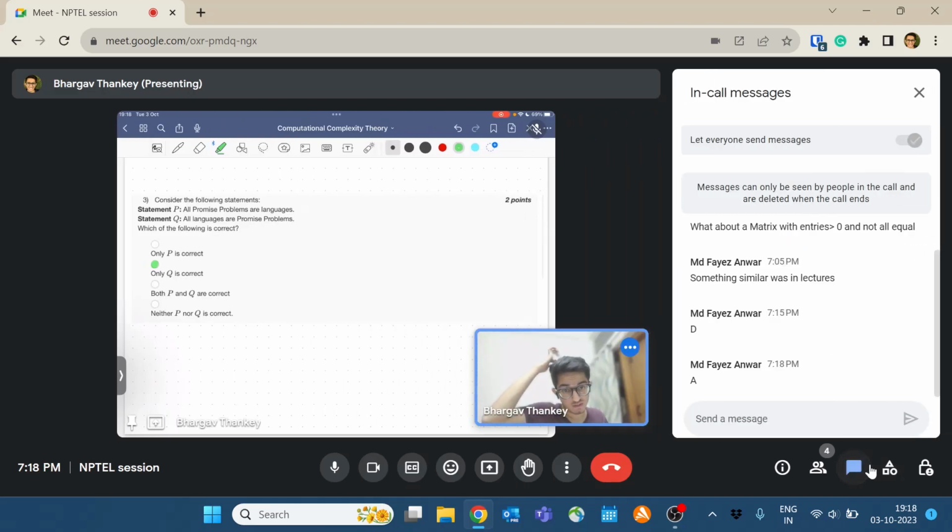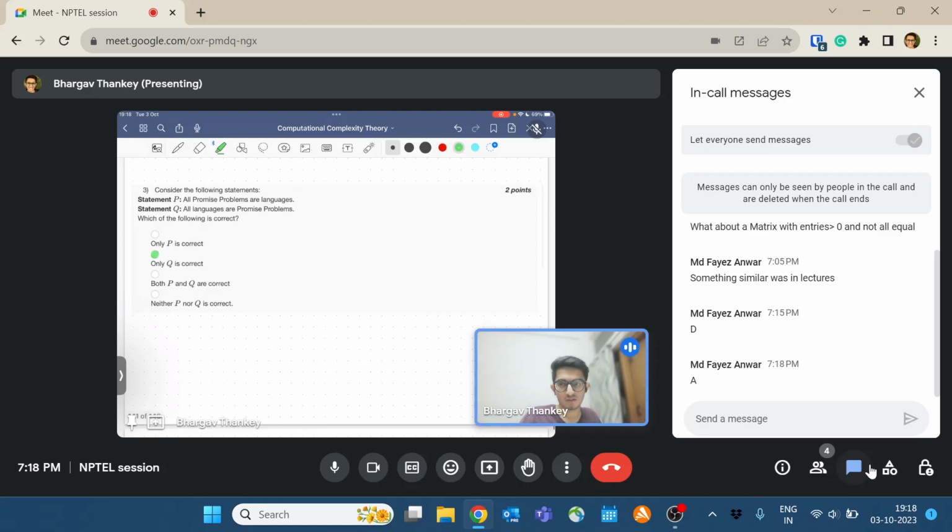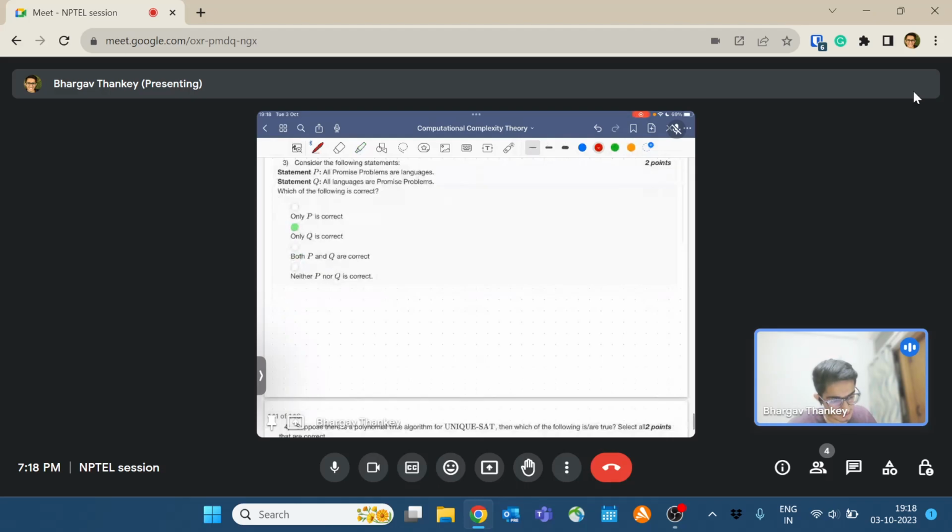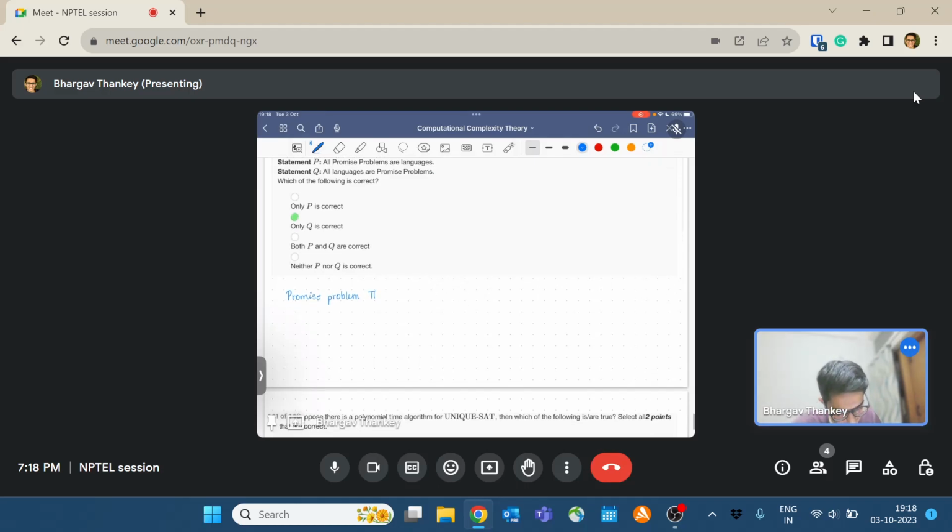Okay, so in the chat, you also wrote A is true. So why do you think A is true? Okay, so A is not true, and the reason is this. For any promise problem, you have three sets. Pi yes, which is a subset of {0,1}*.